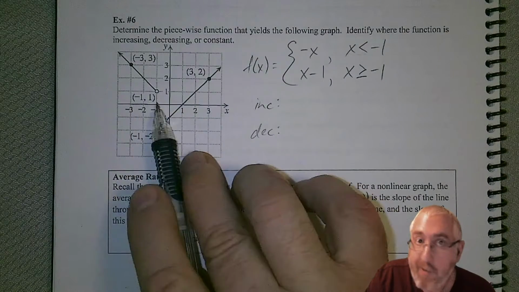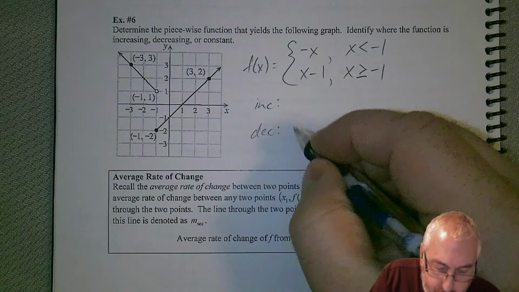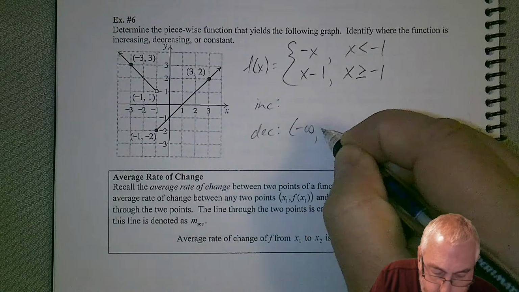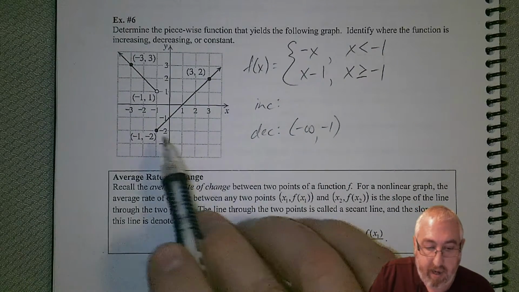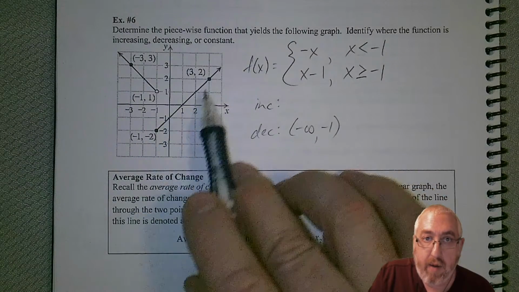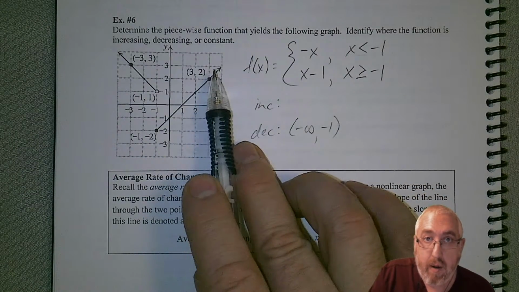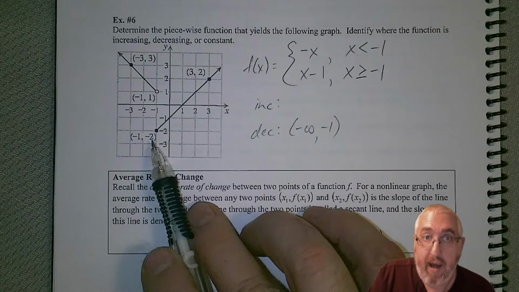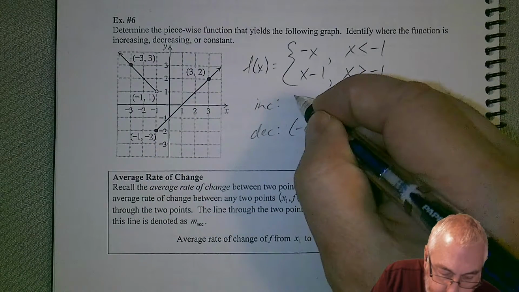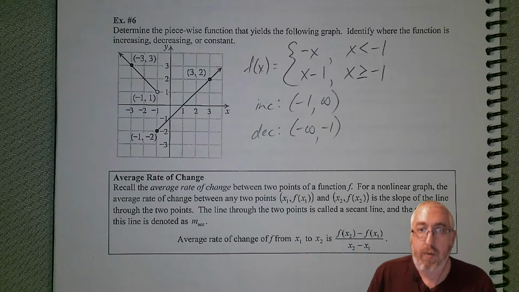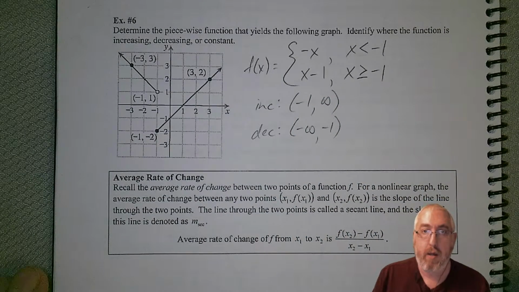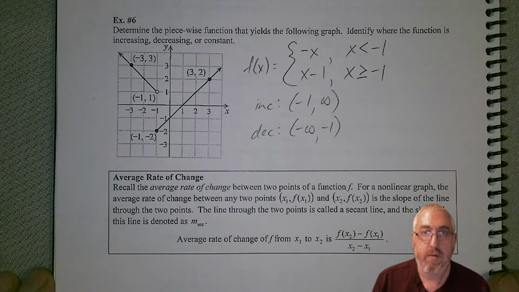And again, we don't want to include it, so negative infinity to negative 1, and then it's increasing all the way to the right forever, and it's going to start doing it at x equals negative 1, and we don't want to include that there either. And so that should be our intervals.